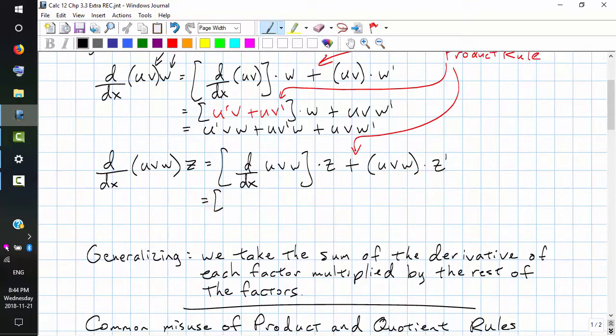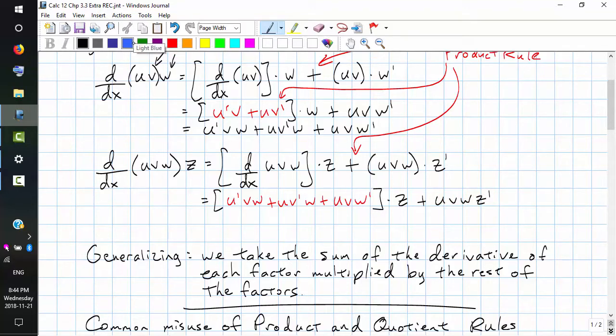And we substitute. We're going to substitute the product rule. This is the derivative of the first: u prime v w plus u v prime w plus u v w prime, times z. Plus, and we're just going to take away the brackets, u v w z prime.